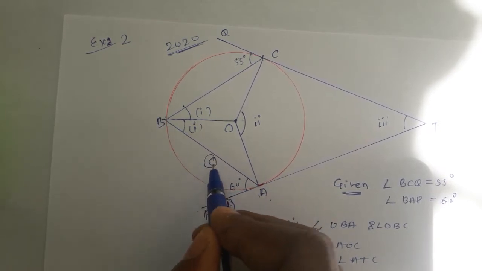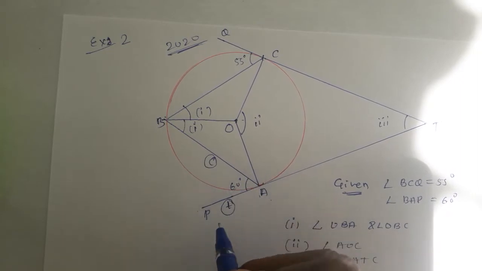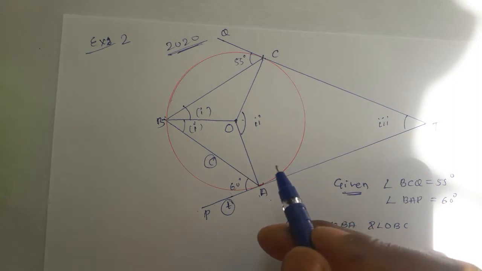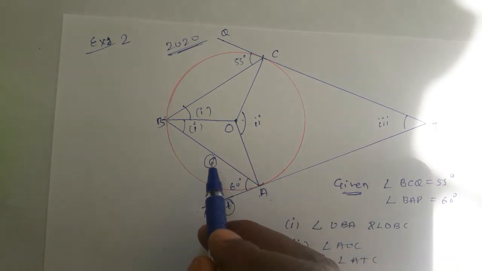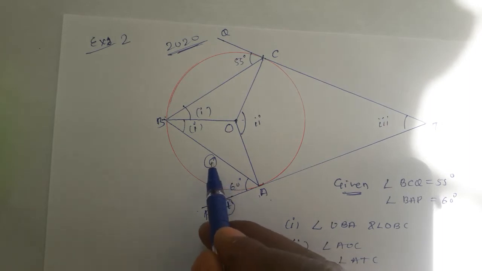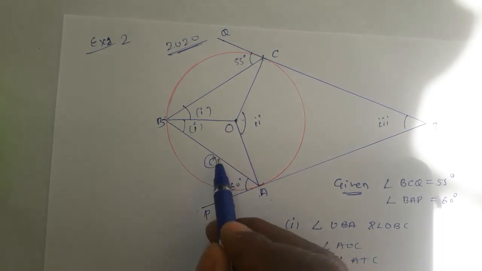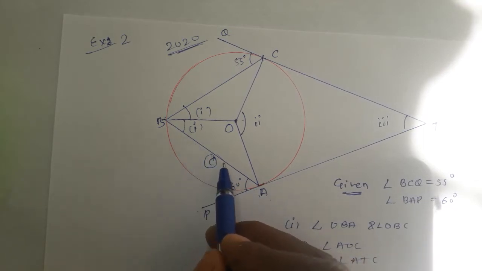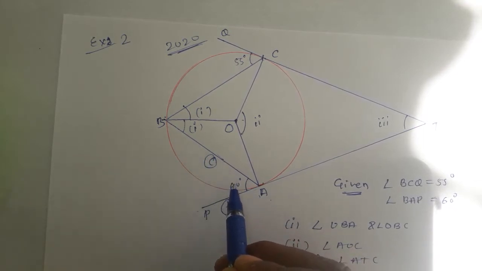You have to check whether the given angle is between chord and tangent, or radius and tangent. So this 60 degree becomes the angle between chord and tangent. This AB chord makes 60 degree here.